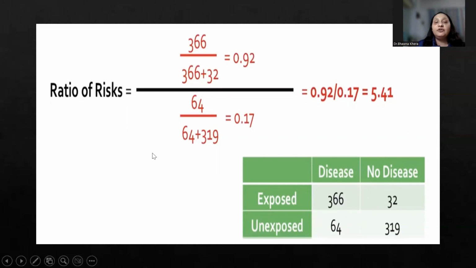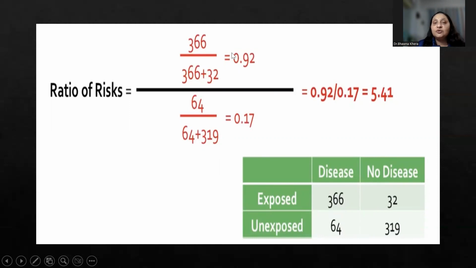Now to calculate relative risk, the number of people in the exposed group developing disease we keep in the numerator, divided by the total number of people in the exposed group, so 366 plus 32. Now we are dividing this by 64, the number of people who developed disease in the unexposed group, divided by the total population in the unexposed group.